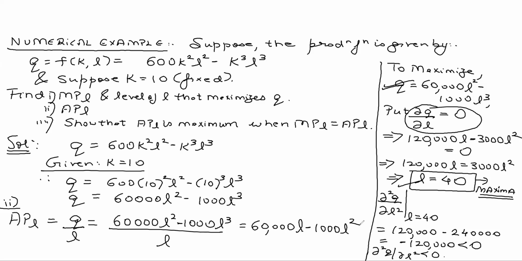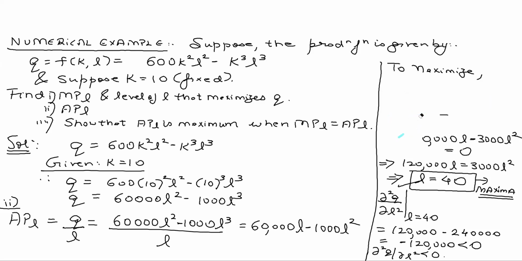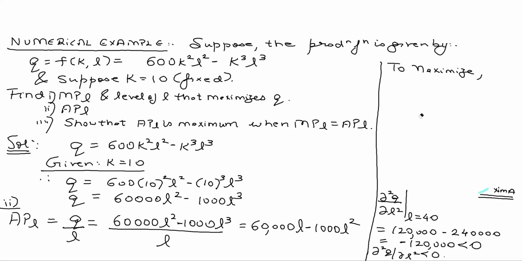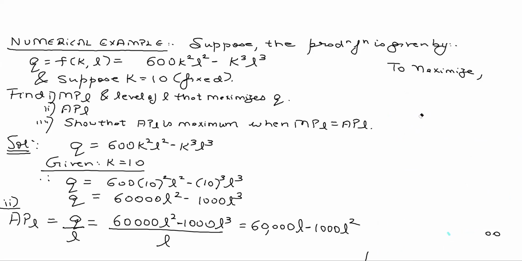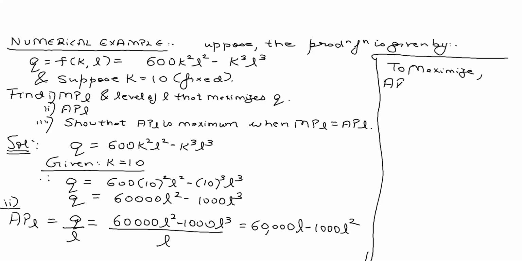Now, when is APL maximum? So now we need to maximize APL. Let us maximize APL now. To maximize APL, which is 60,000 L minus 1000 L square, what do we do?